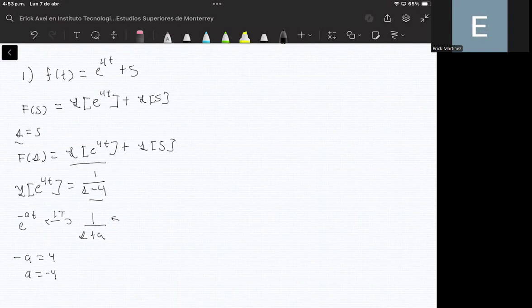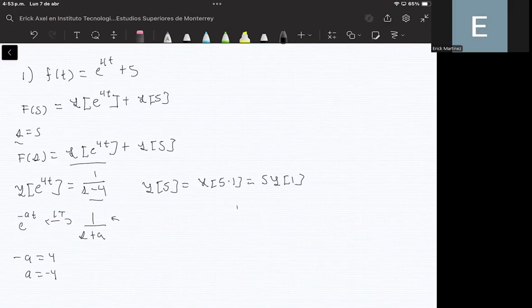And we can do a very similar thing for the following term. The Laplace transform of 5 is equal to, well, we can factor the number 5 out of the transformation, and we have here a 1. Now, we also know the Laplace transform of the number 1.